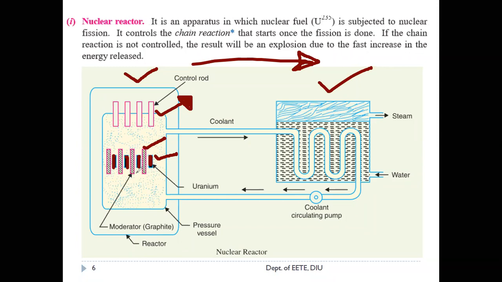So to slow them down to a certain value, the graphite bar is used. It controls the speed of the neutron, but it doesn't control the closing or increasing of the rate, which is done by the control rod, that is the radium.